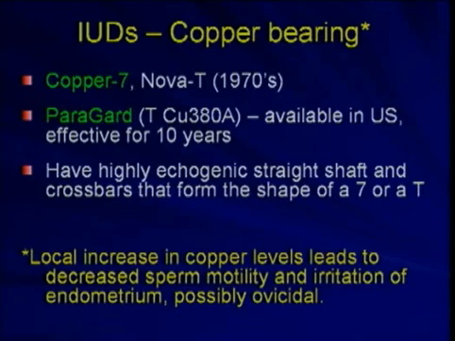These copper IUDs have highly echogenic straight shafts or vertical portions, and they have crossbars that are also highly echogenic and that form the shape of a 7 or a T. The copper-bearing IUDs cause their effect by a local increase in copper levels, which leads to decreased sperm motility, irritation of the endometrium, and possible ovicidal activity.